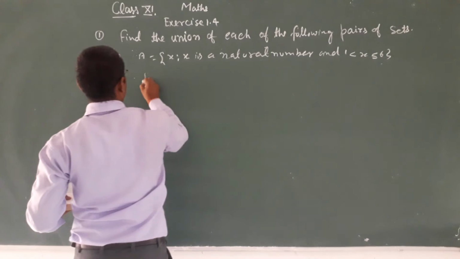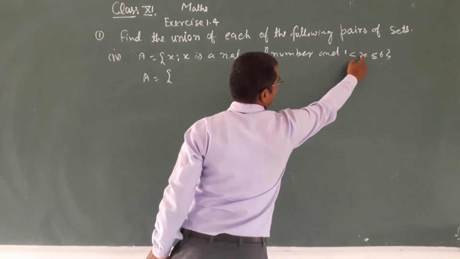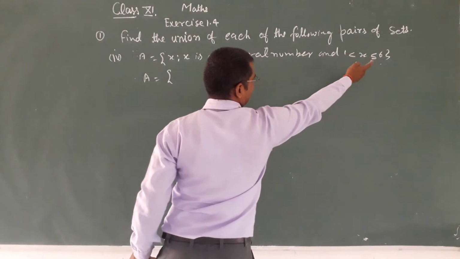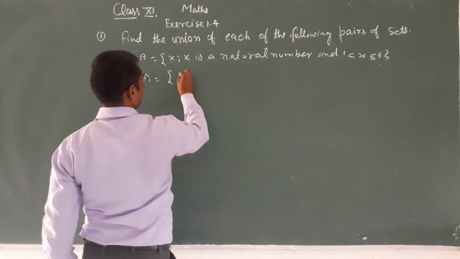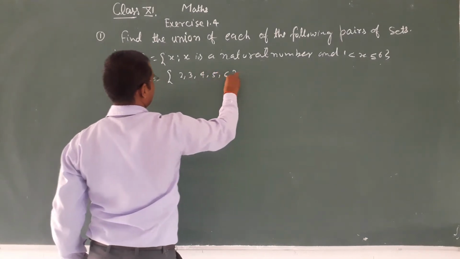So you can write set X, natural numbers greater than 1 and up to 6. So you can write 2, 3, 4, 5 and 6.